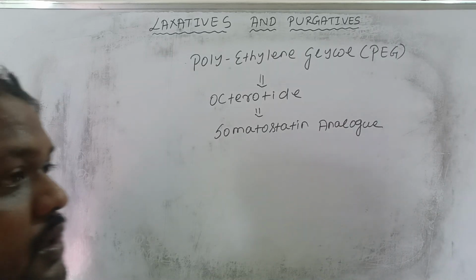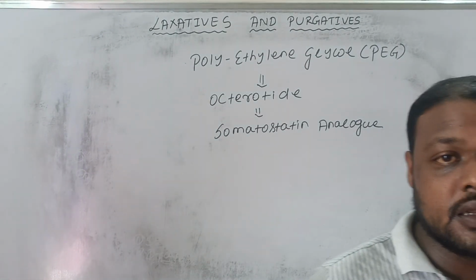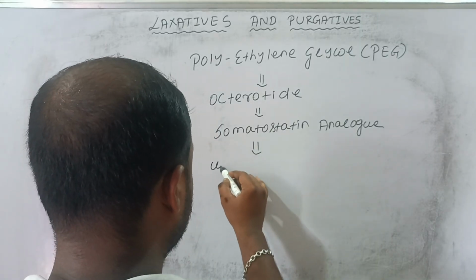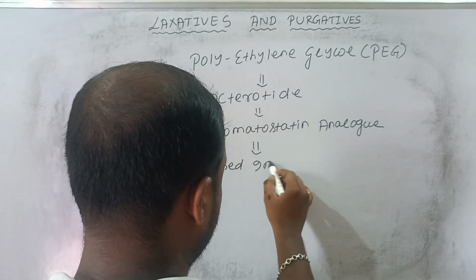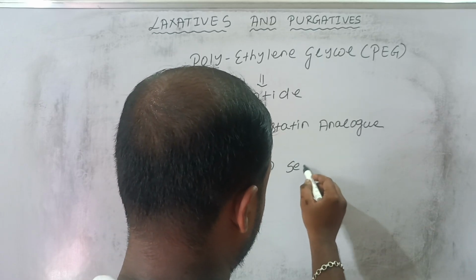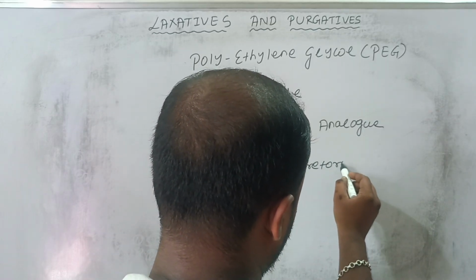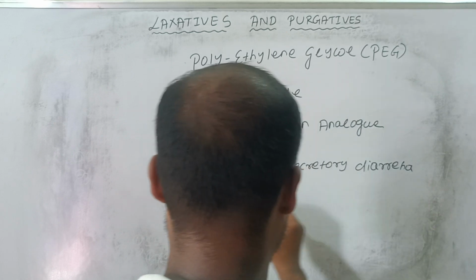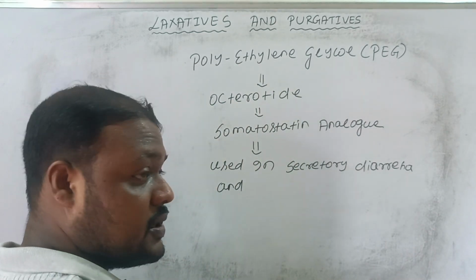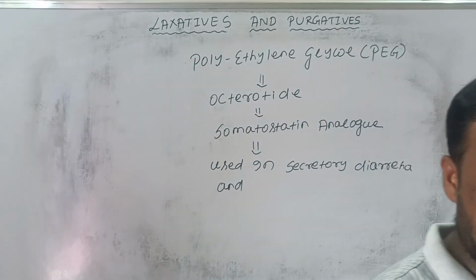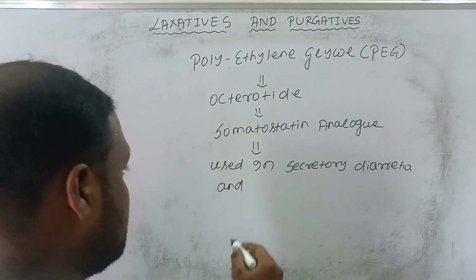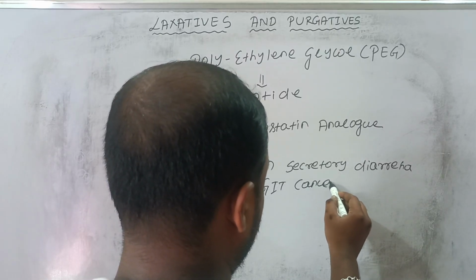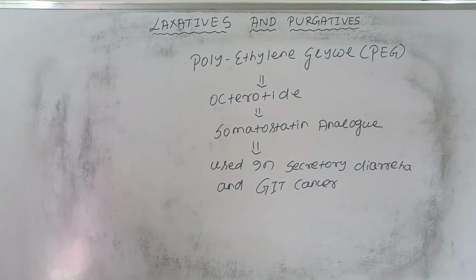Octreotide is used in secretory diarrhea and GIT cancer.